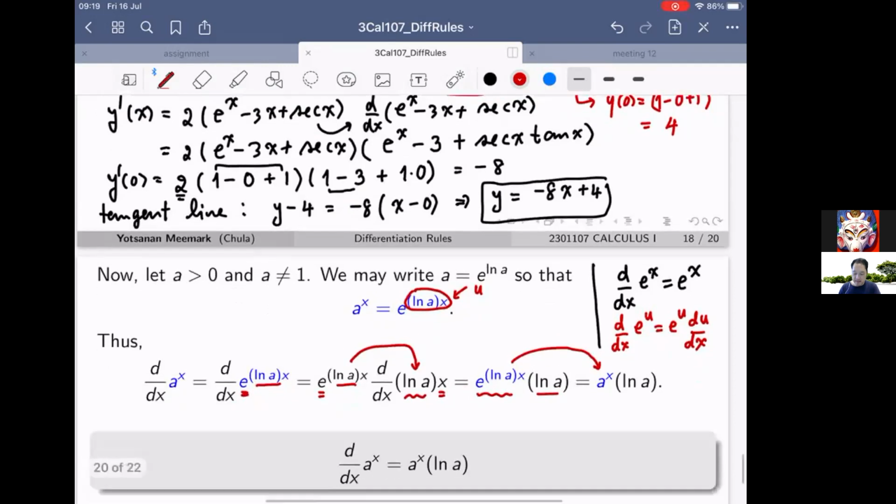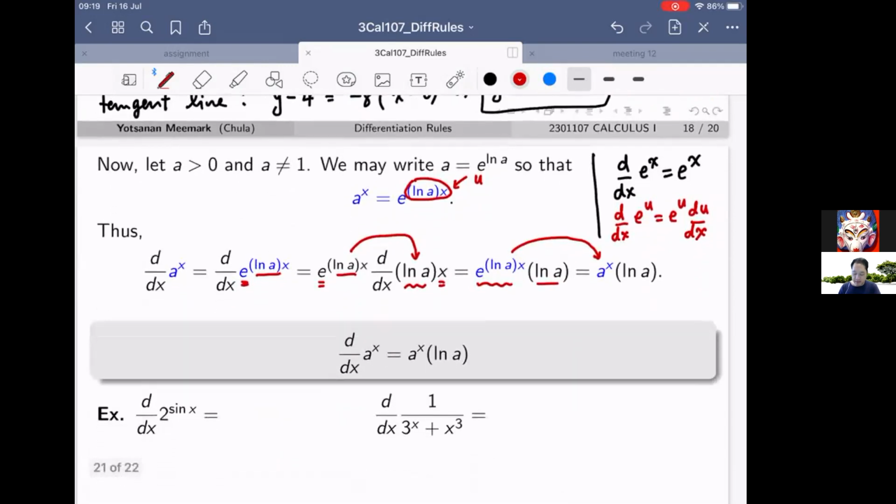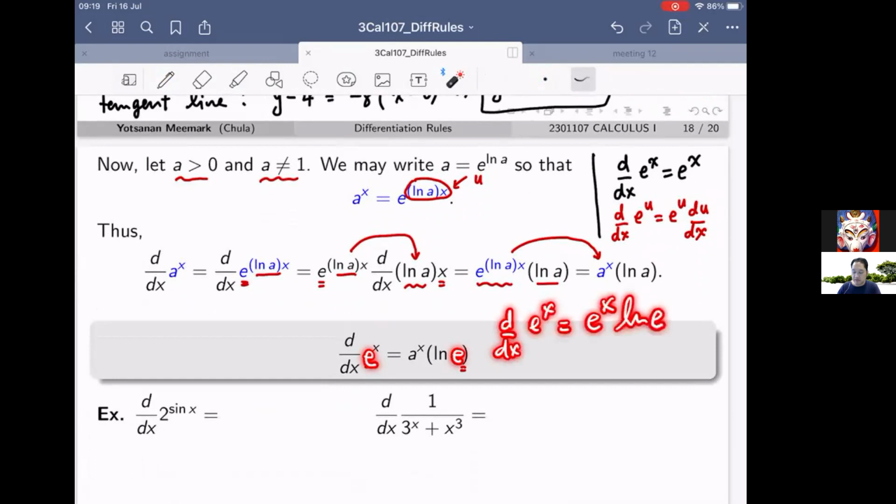So it means that if you look at the derivative of a to the x, if your a is positive and is not 1, it becomes a to the x multiplied by log of a. If it happened to be e, log of e just happened to be what? To be 1. So that's why the derivative of e to the x is just e to the x times log of e, but this is 1, so e to the x itself.